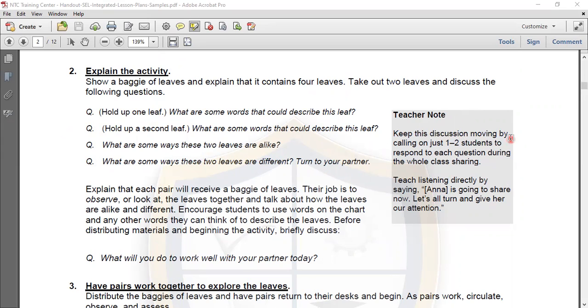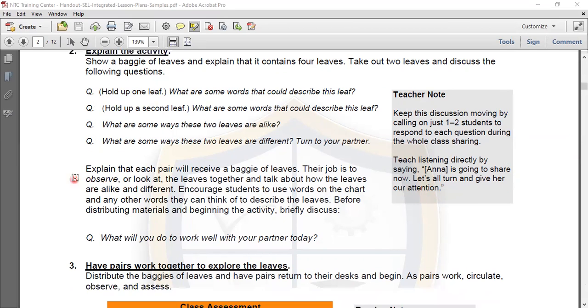Teacher's note: Keep this discussion moving by calling on just 1-2 students to respond to each question during the whole class sharing. Teach listening directly by saying, Anna is going to share now. Let's all turn and give her our attention. Explain that each pair will receive a package of leaves.